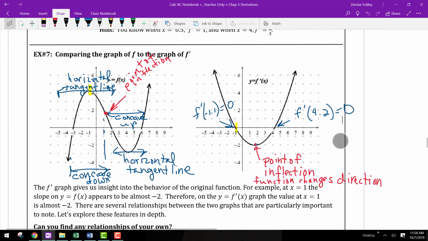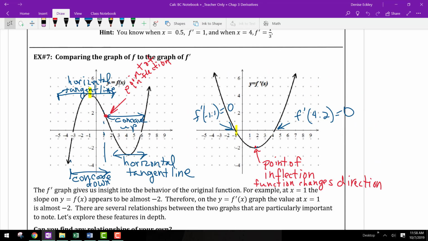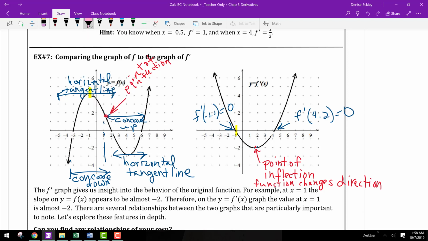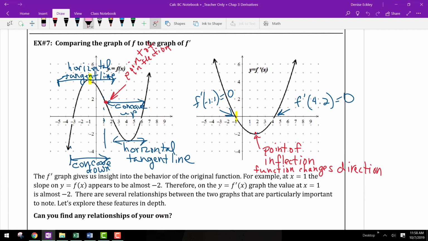So if we look at our graph, going from left to right, we notice that it's increasing. It is increasing from way down here at negative infinity all the way till it gets to the horizontal tangent line, and then again it's increasing from the other horizontal tangent line, and it keeps going to infinity.